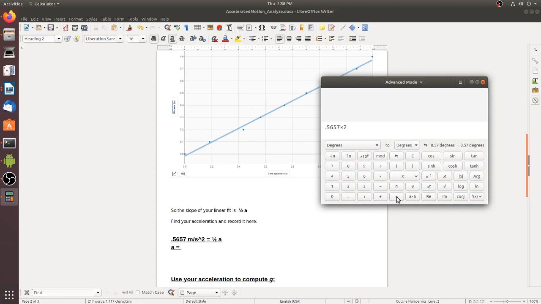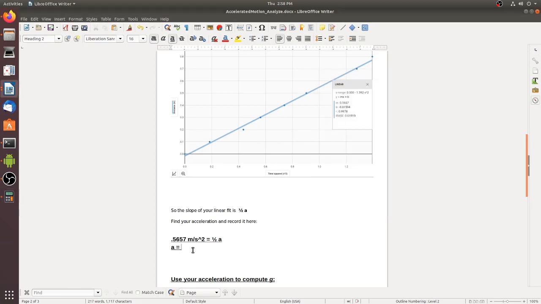Easy enough. 1.1314. So the acceleration is 1.1314 meters per second squared.